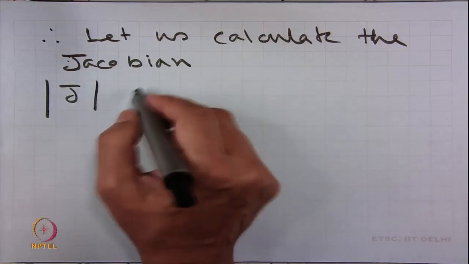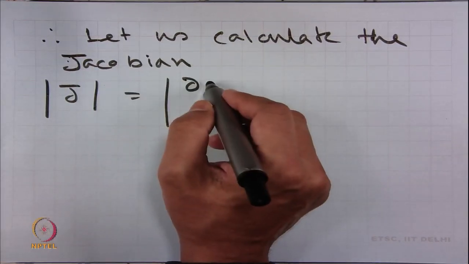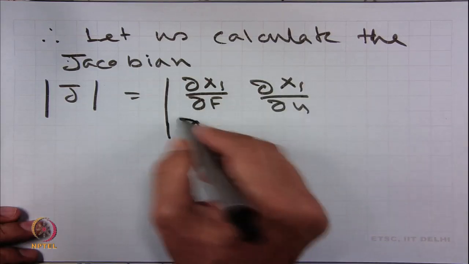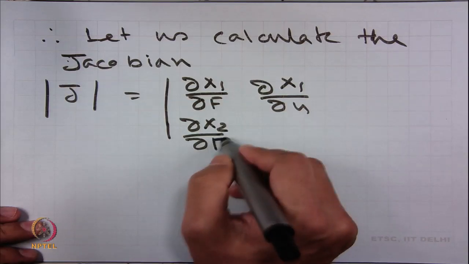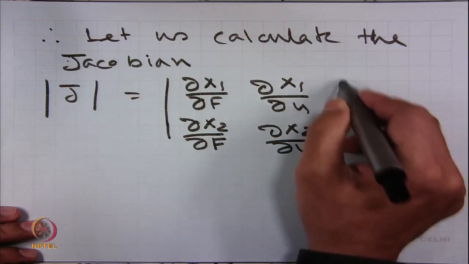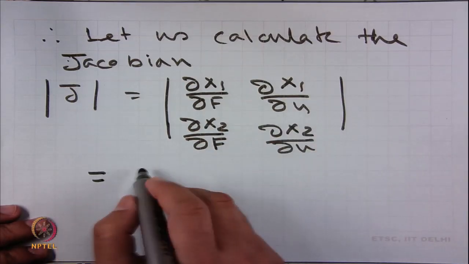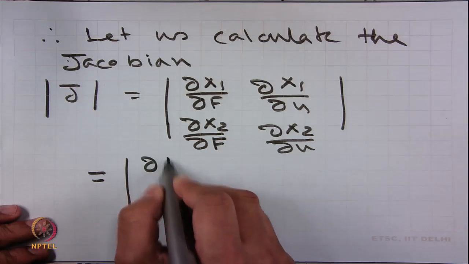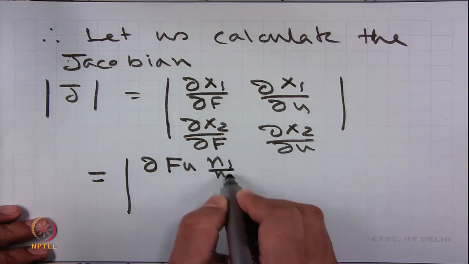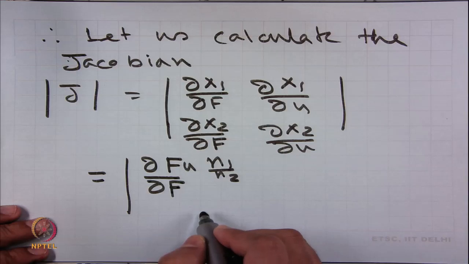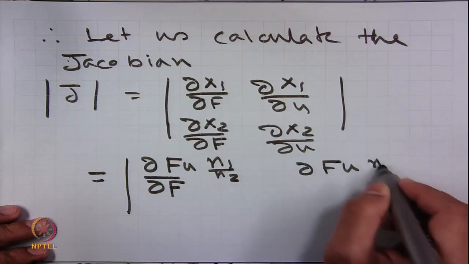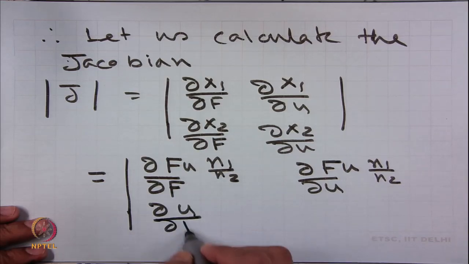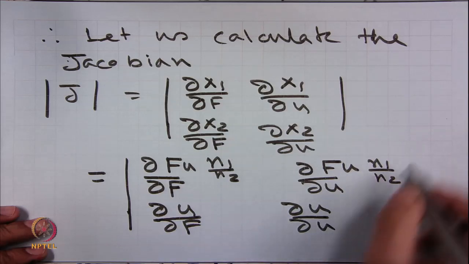Modulus of J is equal to the determinant of del x1 upon del f, del x1 upon del u, del x2 upon del f, del x2 upon del u, which is equal to del of f u n1 upon n2 with respect to f, del of f u n1 upon n2 with respect to u, del u del f, del u del u.